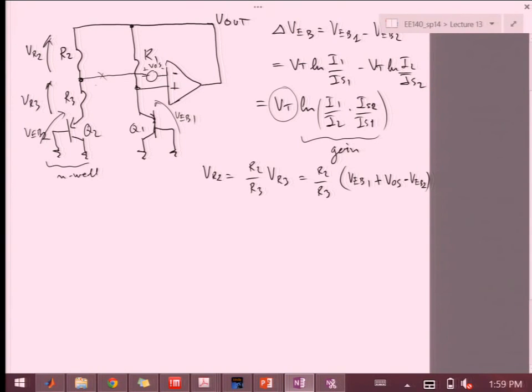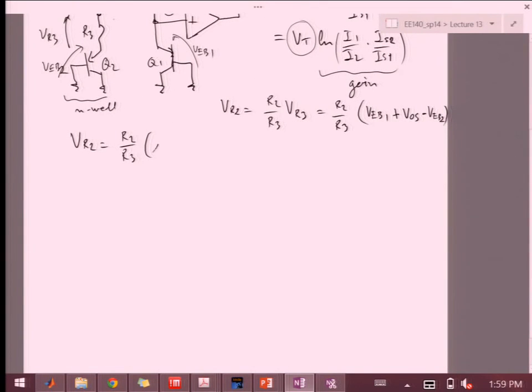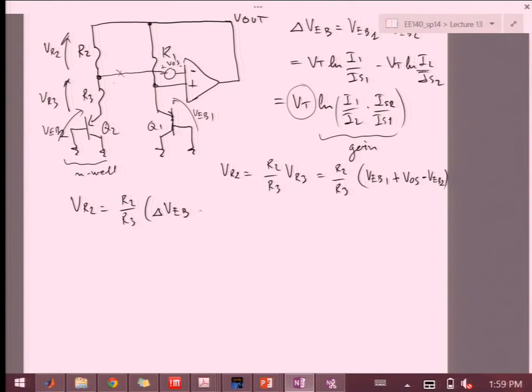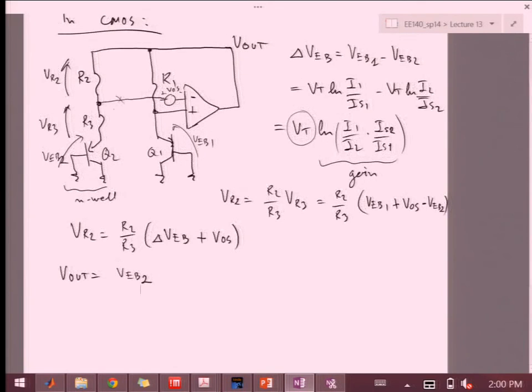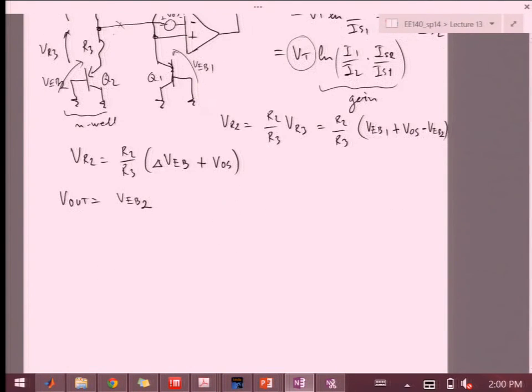Okay. So then our VR2 is equal to R2 over R3. We have the difference of our two VEBs. So we're going to call that delta VEB, just like above, plus VOS. Okay, so our V out is going to be VEB2 plus these two voltages, VR2, VR3, right?